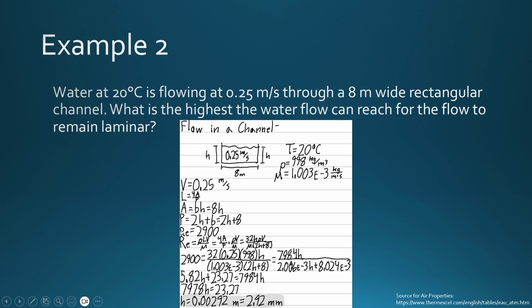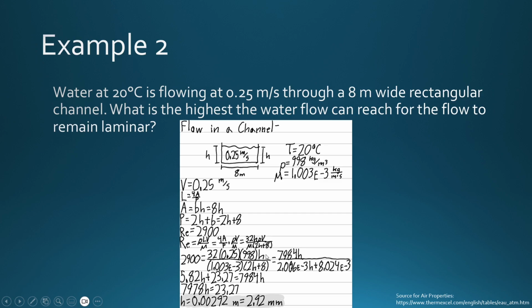And for a rectangular channel or a pipe flow, the transition Reynolds number is going to be 2900. So right here, I just plug in the hydraulic diameter equation for L, and then I plug in this perimeter equation we came up with for P to get this.